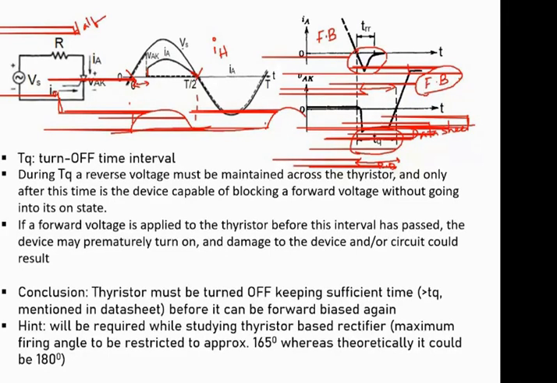It is not going to turn off. So you must make sure that in your circuit, this TQ amount of time has passed before you again apply forward voltage. Otherwise, even though you want your device to turn off, it will turn on again.